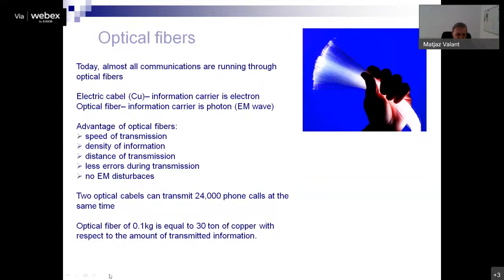And if we compare to optical fiber of 100 grams, this is in terms of efficiency equal to 30 tons of copper with respect to the amount of transmitted information. So in today's information era, we cannot imagine that we would have our devices connected with copper wire anymore, but optical fibers are a solution for that.